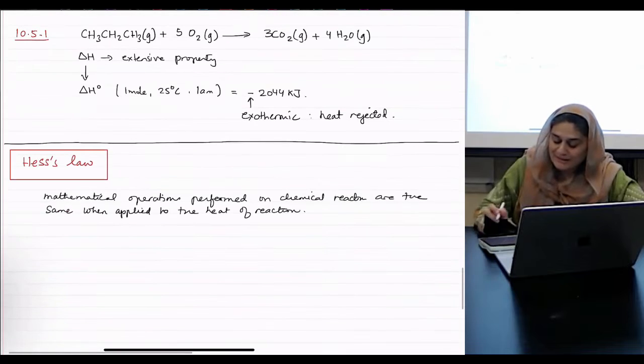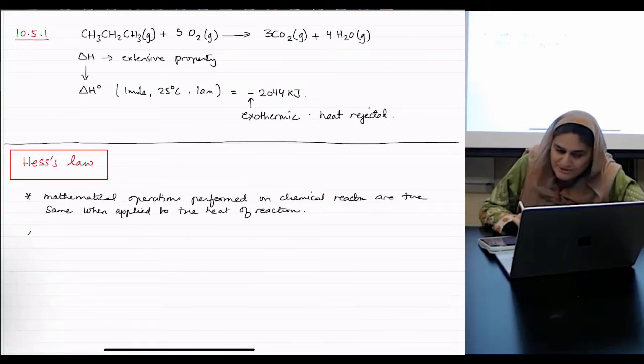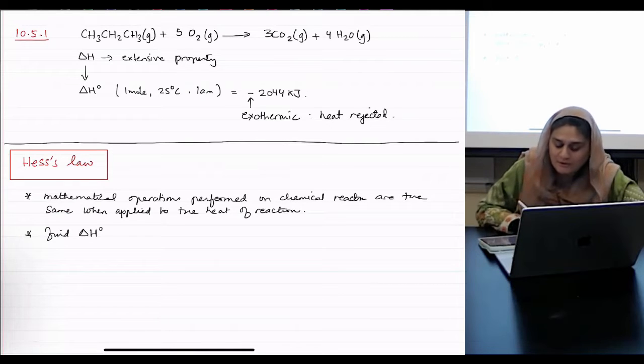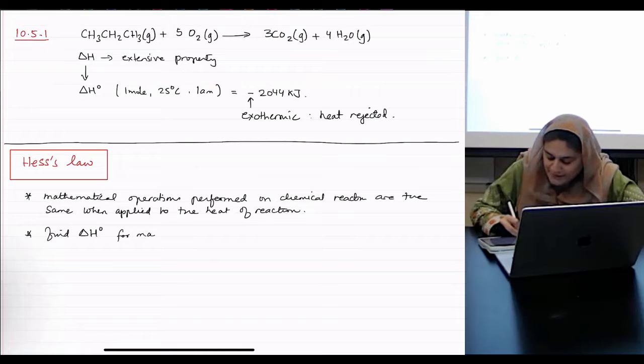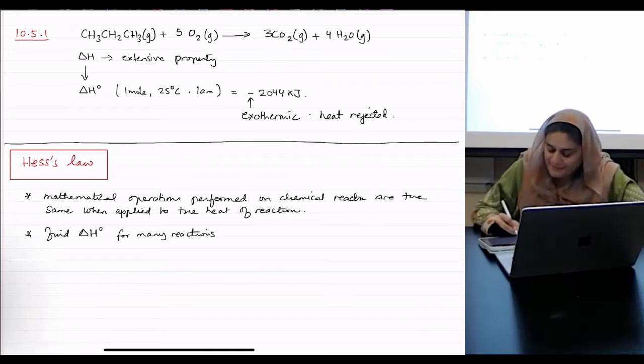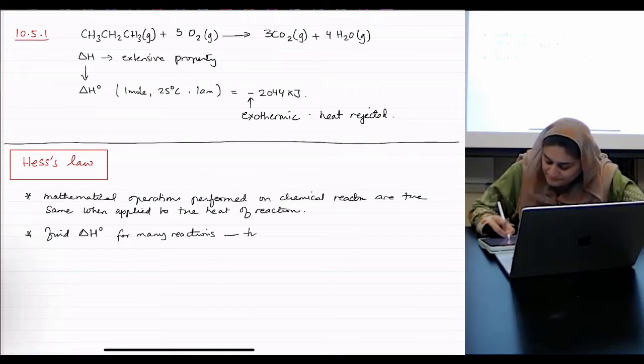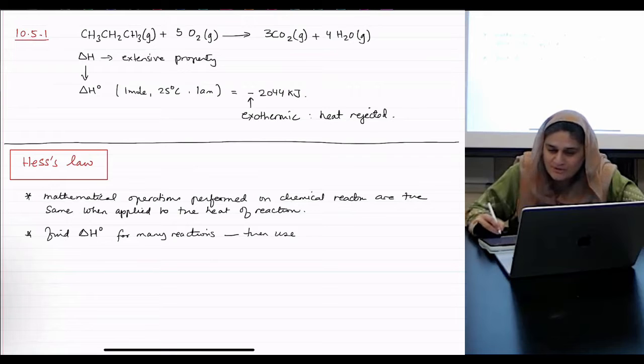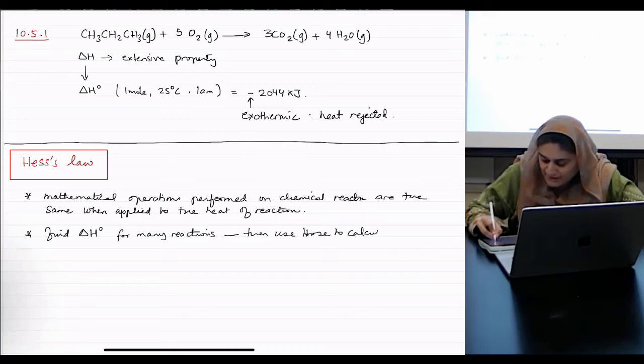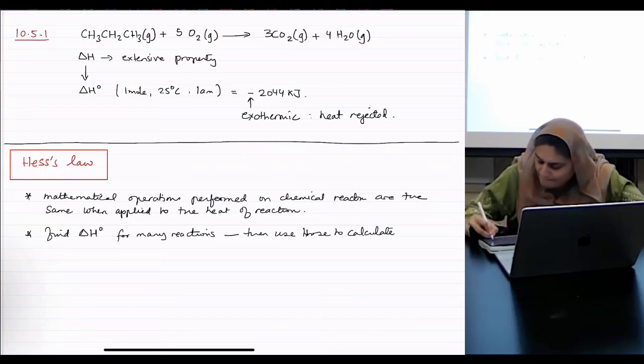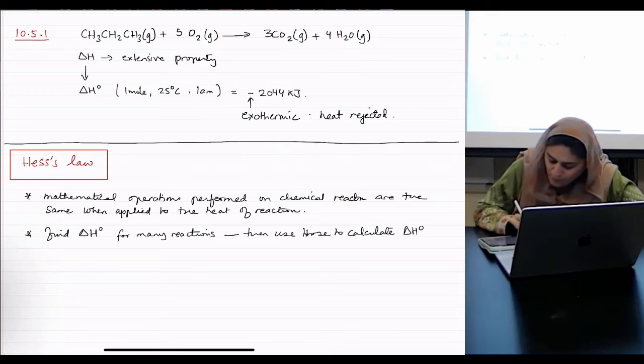So what Hess's law allows you to do is to find delta H0 for many reactions, and then use those to calculate delta H's for other reactions.